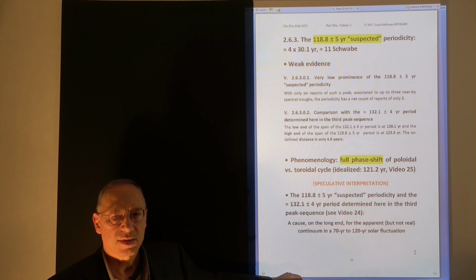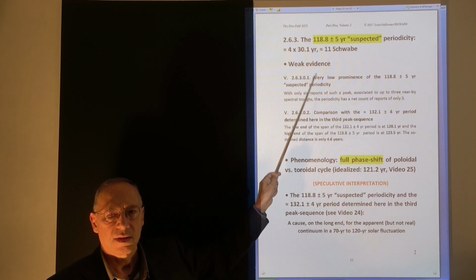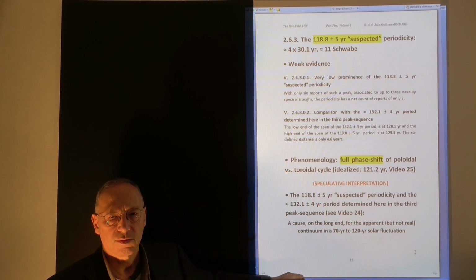But in fact, here we suggest that it is composed of several distinct sharp oscillations, one of them here, the other at 132. The speculative interpretation of the phenomenology under this about 120 years cycle is a full phase shift in the relation between this suggested poloidal sequence and the suggested toroidal sequence.